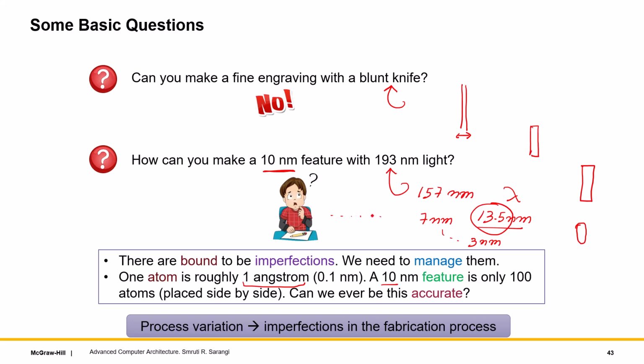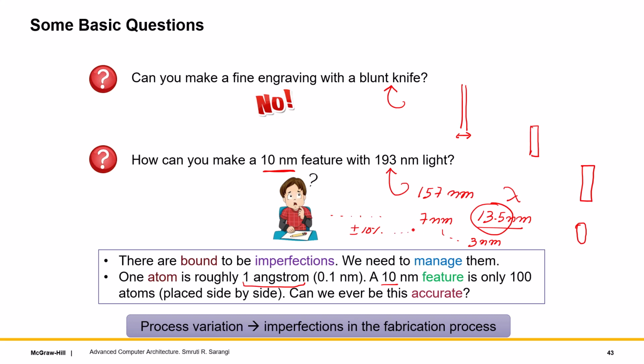And 10, 20 atoms going here and there is not a big deal, but that would create a plus or minus 10% difference in the feature size, which would have significant consequences in terms of the electrical parameters of the design that we are creating. It could have a very different threshold voltage, for instance. So even placing these atoms side by side, we can't be that accurate.